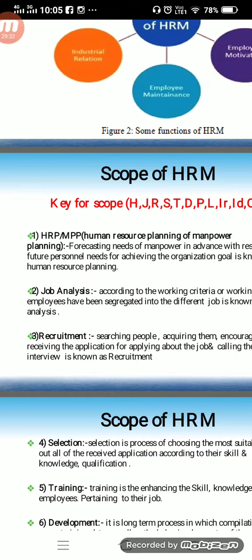If yes, then put them in a different place, and if no, then remove these applications from our list and make a list of those who have fulfilled all the requirements which we have mentioned in the advertisement. Then call them for the interview, taking the interview, and after that it is the point of selection.